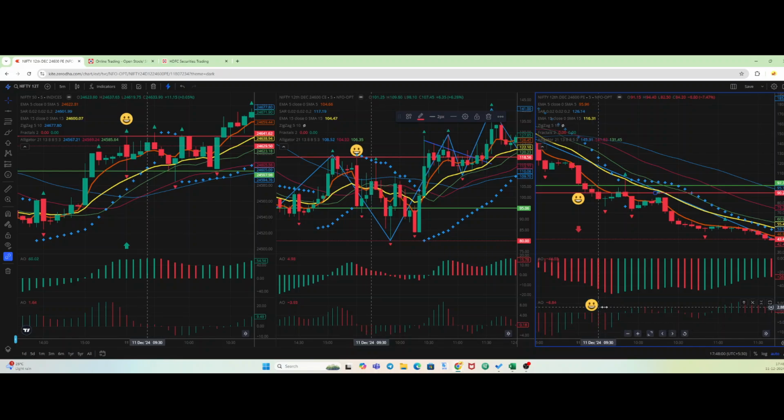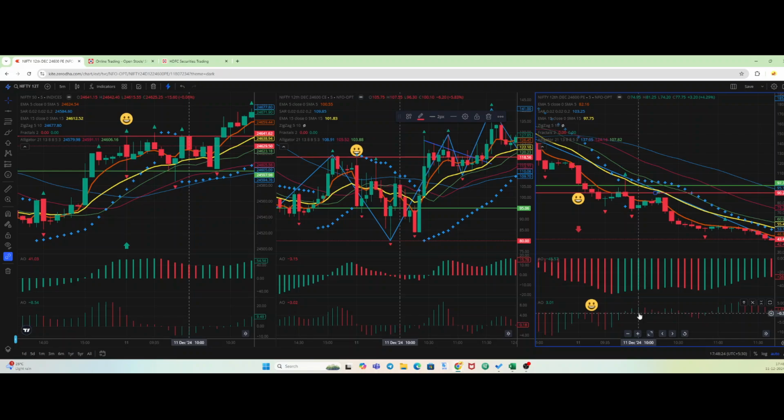Here my accelerator indicator gave the clear signal of reversal. If you see further, it has crossed where we entered at 97, and now it has gone up to 103. Sometimes it can go further also, but today the momentum is not much, that is why it has not gone.